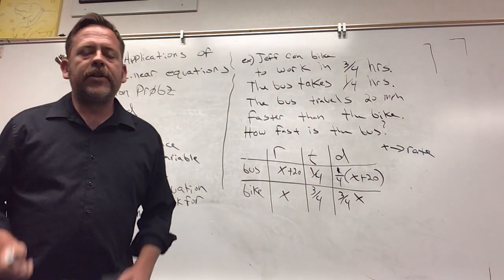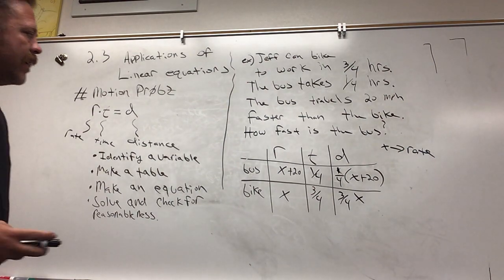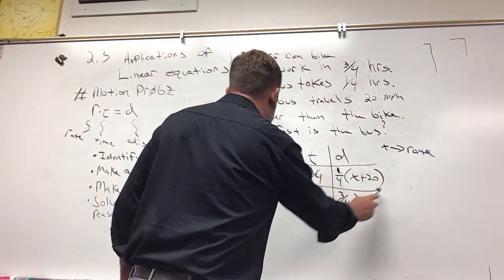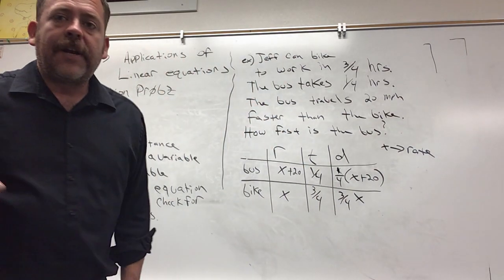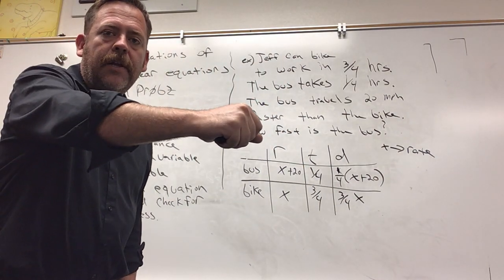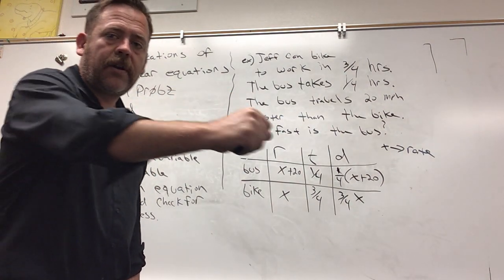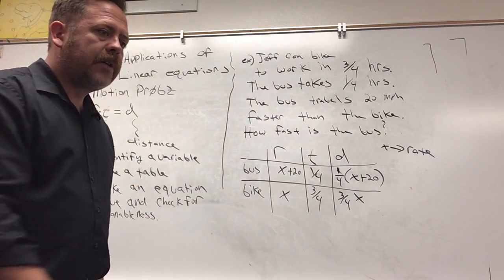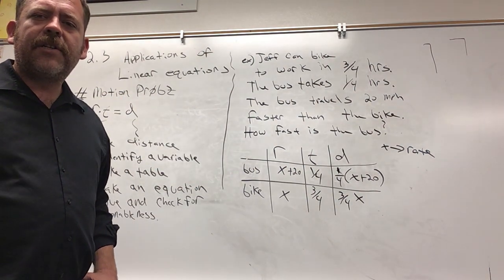Now we need to make an equation. We identified the variable, we filled out a table, we're gonna make an equation. I got an expression for the distance that the bus traveled and the distance that the bike traveled. Now when someone's going to work and then coming back from work, on a bike or on the bus, tell me an assumption we're gonna make about the distances.